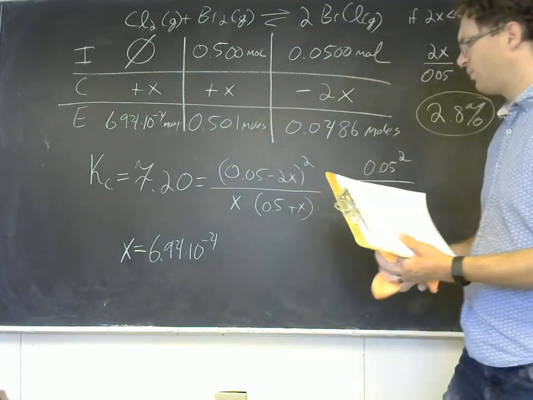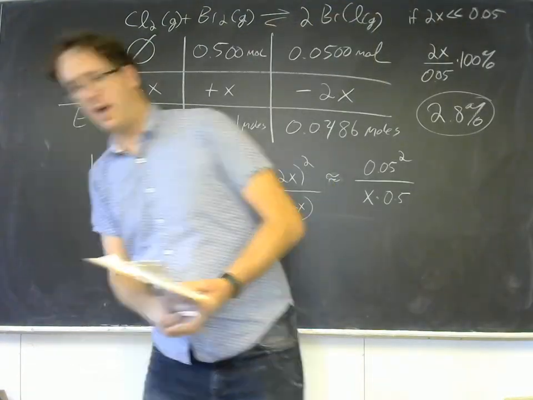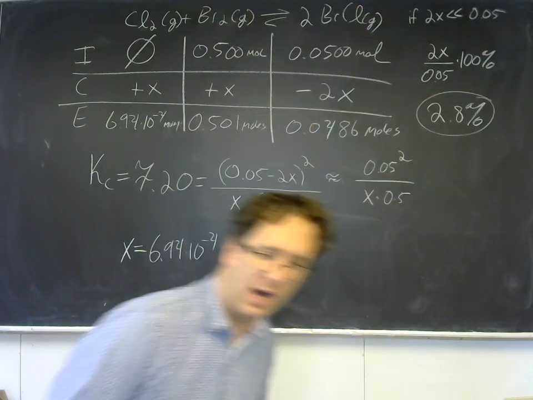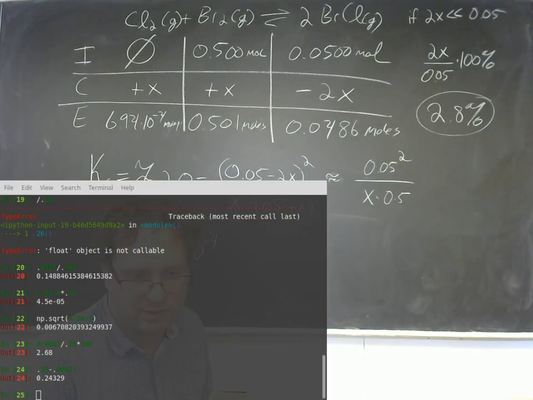And because this one was a little tricky, let's go ahead and go back and try plugging these numbers in to our equilibrium expression and reassure ourselves that this is going to work out nicely.